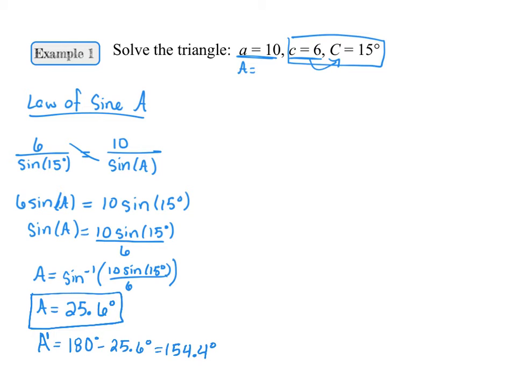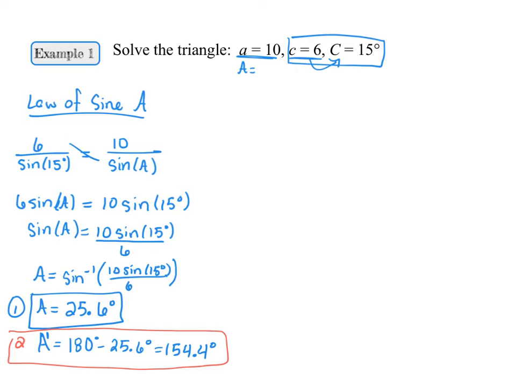So now A has two options. A could be this 25.6 degree angle, or it could be this 154.4 degree angle. So I actually have two cases here. I have case 1, and then I have case 2, which I'm going to do in a separate color.